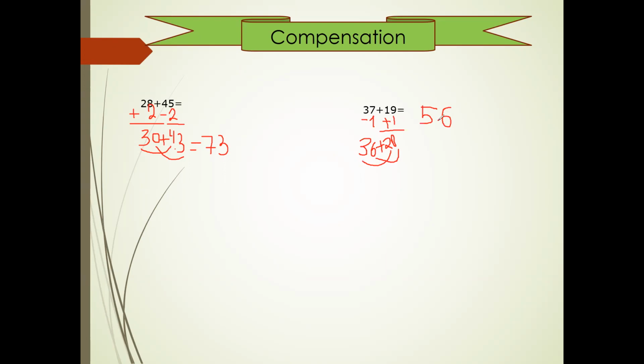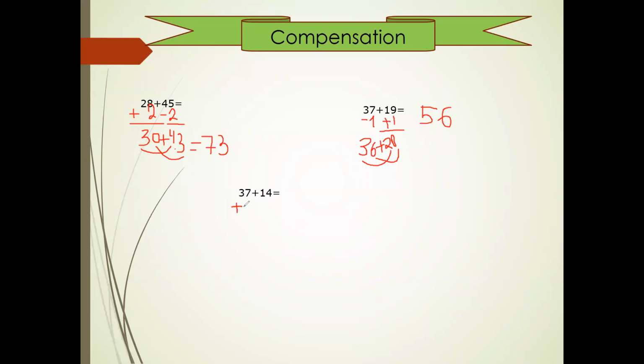Okay, one more trick, how to know which is the next number with 0, because again, not all the students know how to do this, okay? So let us do 37 plus 14, okay? So again, what number is closer to 10? 37.